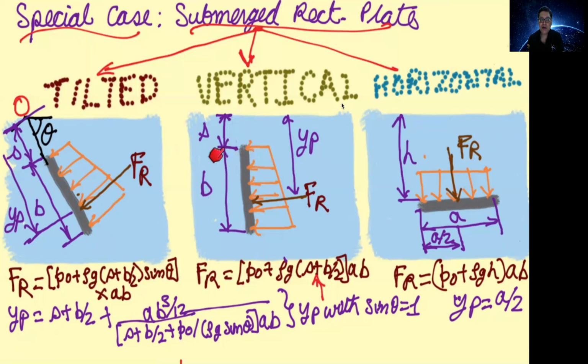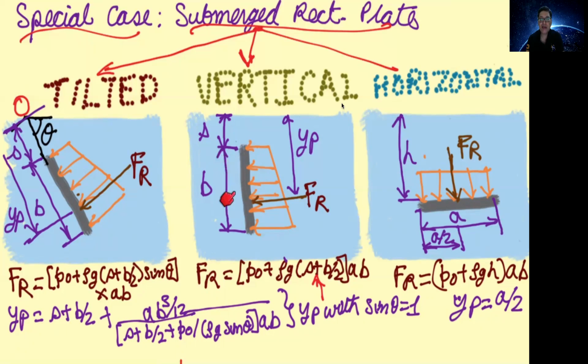So let us suppose you have everywhere here atmospheric pressure. Right now in this case on both the sides you have the same fluid. But let us take a simplified case where on the right side you have this fluid, on the left side you have air where the pressure is atmospheric everywhere.